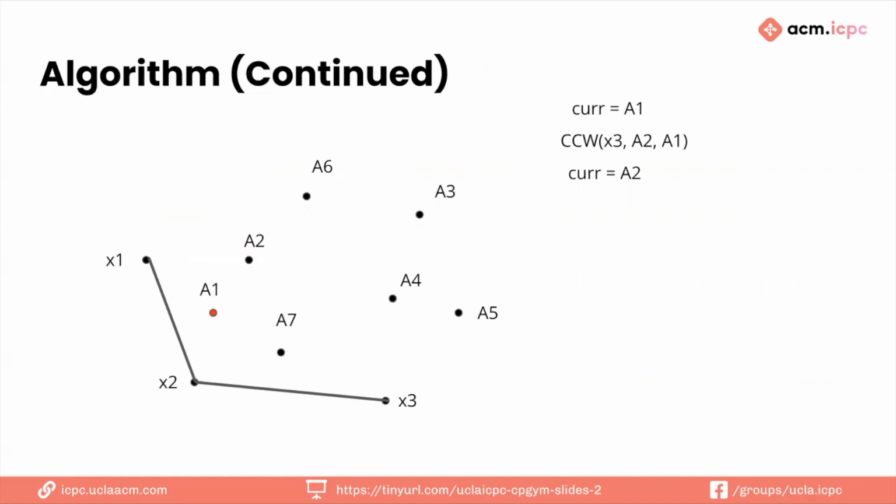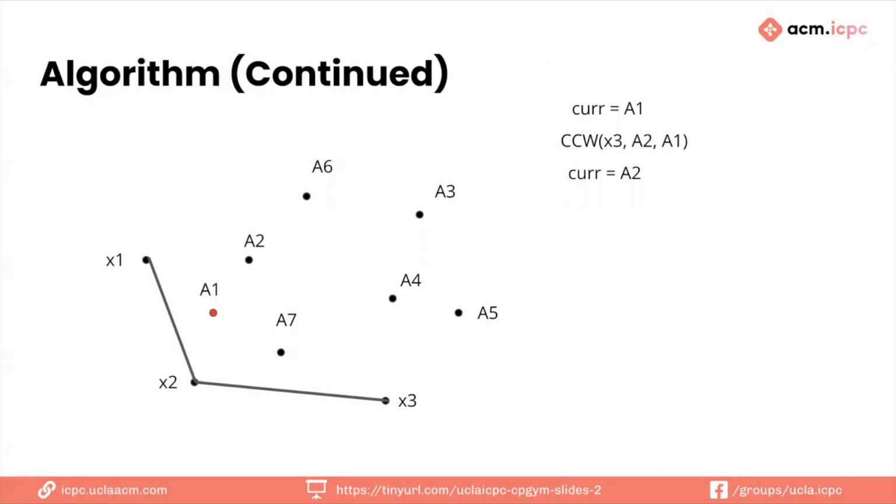Now it's A2. So can someone tell me what would be the next 3 inputs to the function? What will we do in the next iteration? The first input stays the same, x3, because that's where we are standing.